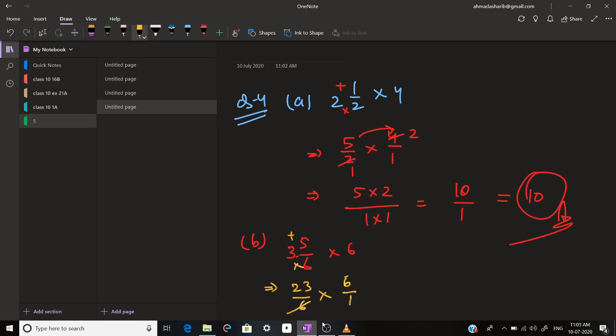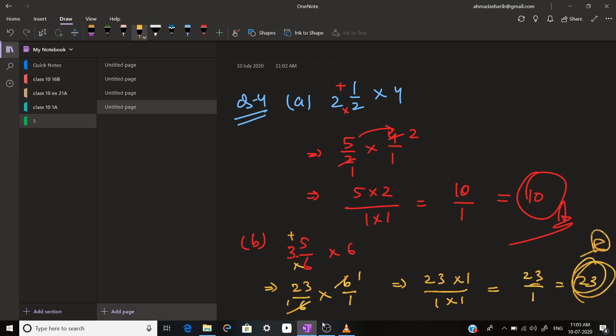Okay, now you can see the 6s cancel each other, so you will get 23 into 1 upon 1 into 1. So the answer is 23 upon 1, and when there is 1 in denominator, it is not written, so the answer is 23.